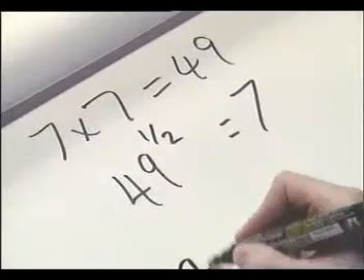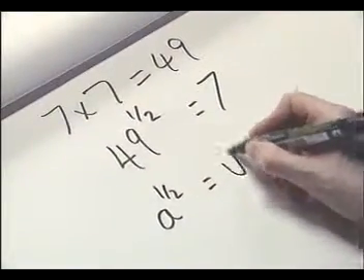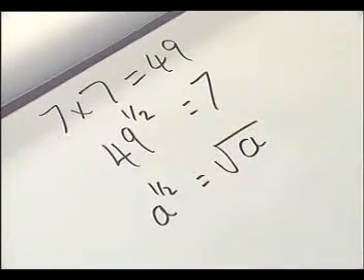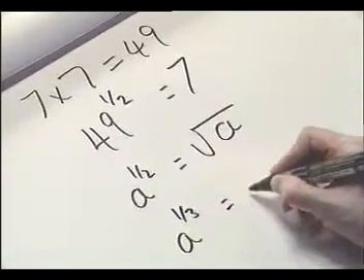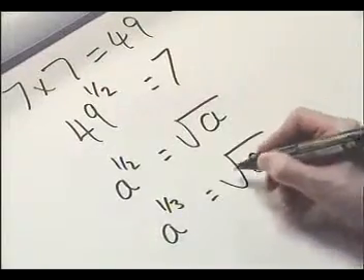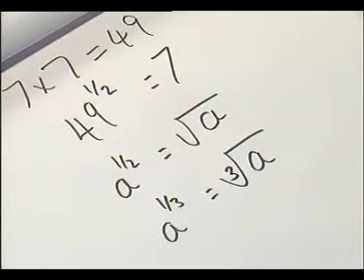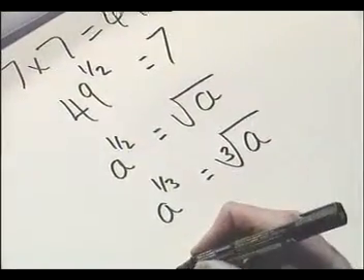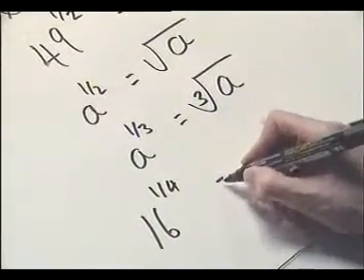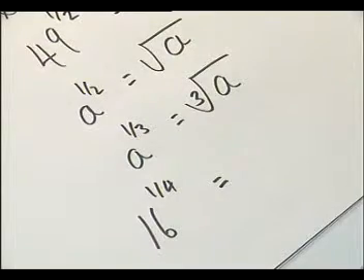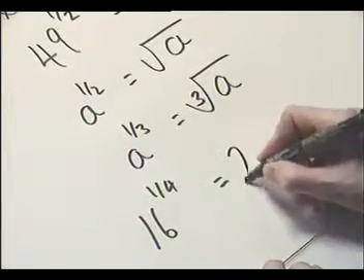So a to the half is equal to the square root of a. A to the third would be equal to the cube root of a. So if we were asked what is 16 to the quarter, what we're asking is what number, when multiplied by itself 4 times, gives us 16. A fairly obvious choice for that is 2.